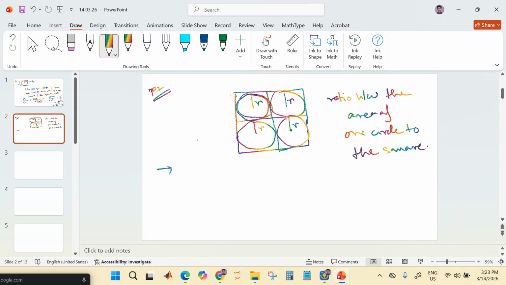What will you do? Suppose there are 4 circles and one bigger square. What is the ratio between the area of one circle to the square? Tell me.